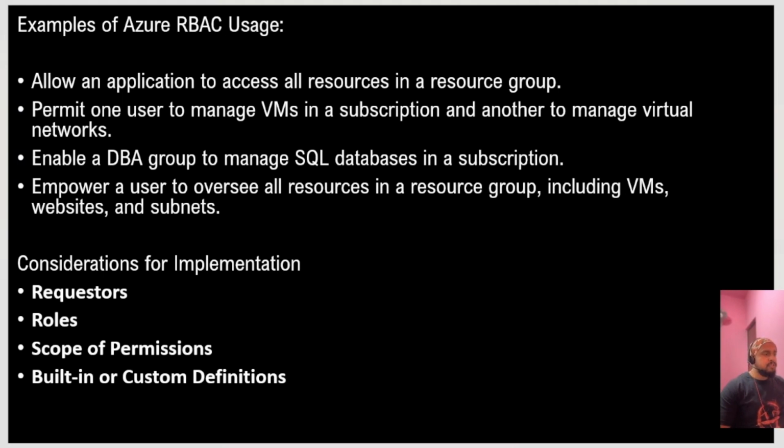For scope of permissions: control security by defining precise permissions and scope levels for the role assignments. You simply cannot give all the permissions. Remove all the unnecessary permissions and keep only the ones most required for that particular role. That is what it means.